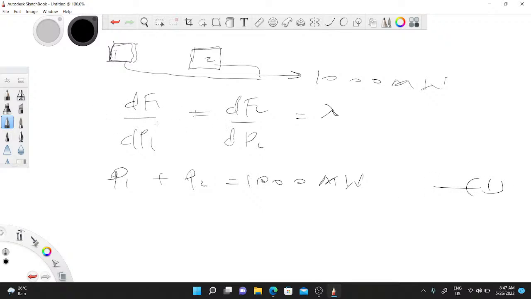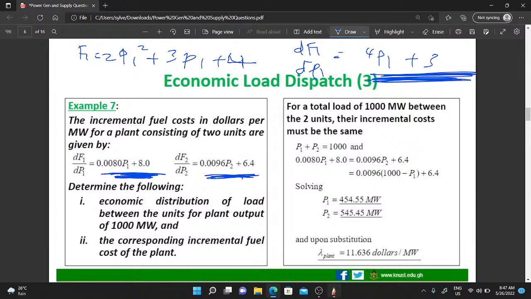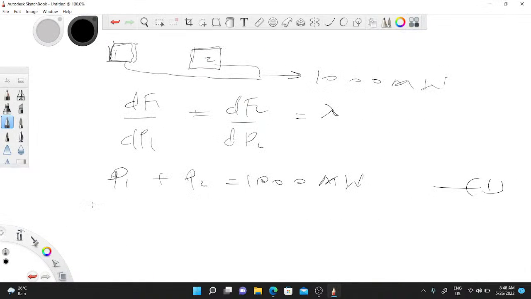Also, using this Lagrange multiplier connection between the incrementals, we can get another equation. I know that my df1 dp1 is equal to df2 dp2, so I'll equate these two. 0.008 p1 plus 8.5 must be equal to 0.0096 p2 plus 6.4.